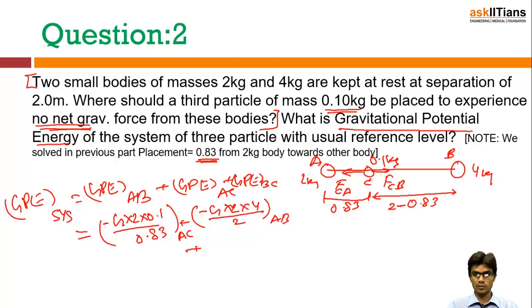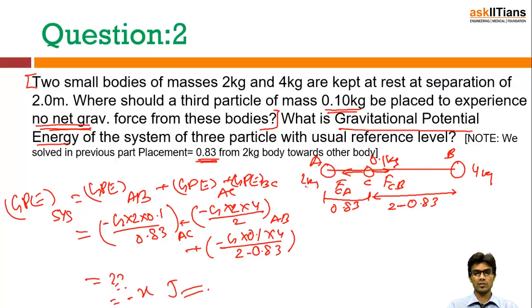And for BC, minus G into 0.1 into 4 by 2 minus 0.83. Find this value; this will be minus x joule. This is the gravitational potential energy of the system. So this is the end of the part.